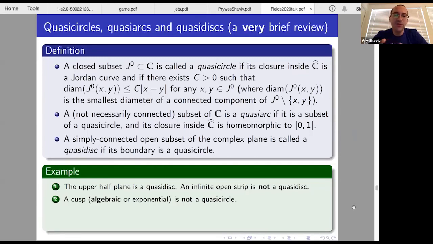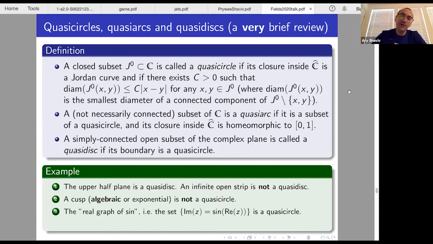And in fact, this hints at a big classification theorem, or equivalent definition, of Ahlfors, saying that a topological circle is a quasi-circle if and only if it has no zero-angle cusps. Okay, I didn't define everything properly, but this is the motivation, the intuition behind it.